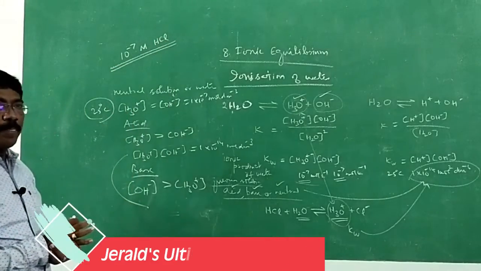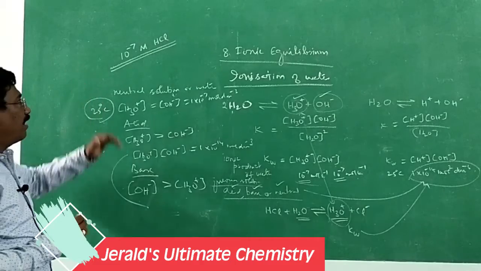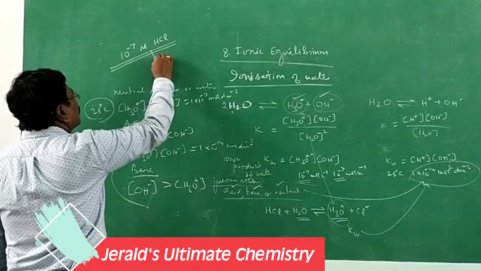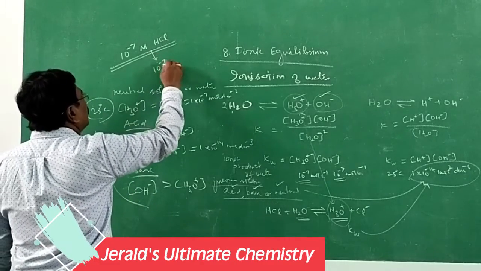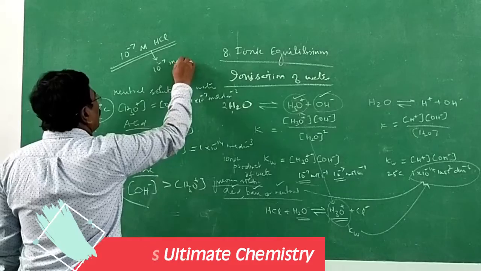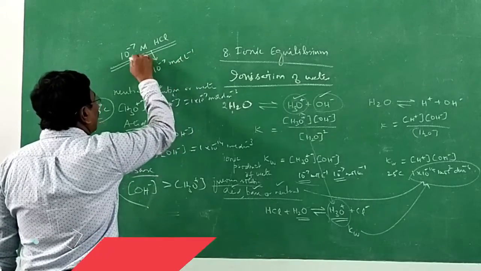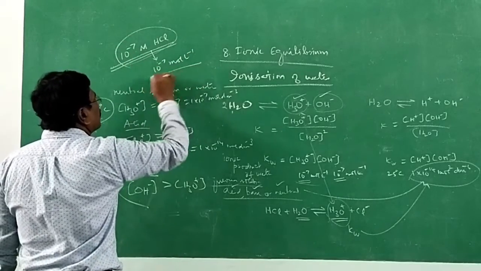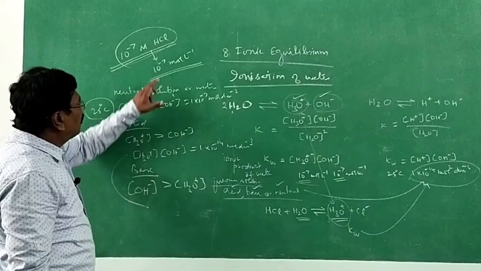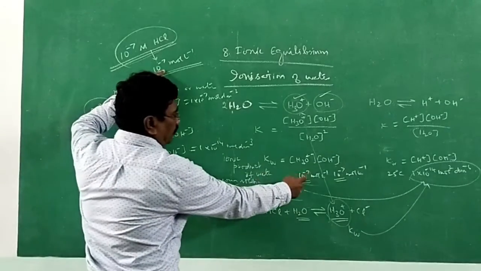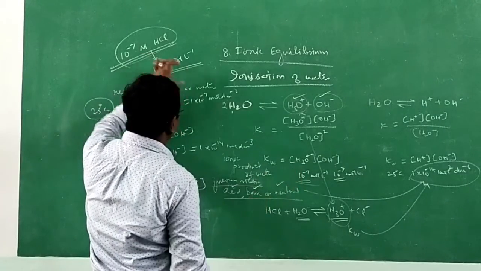Can you guess and tell me? Hydrochloric acid gets completely ionized. If it gets completely ionized, what is the concentration of hydronium ion? 10 power minus 7 mole per liter of hydronium ion. If it gets ionized completely, this is the value. It is the value for a neutral solution. Only for a neutral solution is this value applicable.